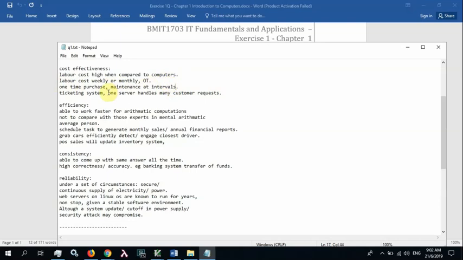They only need to increase the number of machines, and it is by proportion much less compared to the number of hires you need to make. Okay, so one powerful server can serve millions of requests, but you can't do that for one or a team of staff. You overwork them. So cost effectiveness.